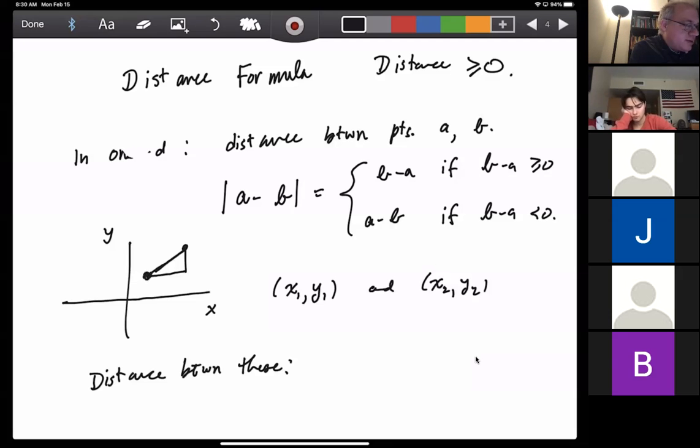And if we know that our coordinates are x1, y1, say here, and x2, y2 for this point on our triangle, we know that this bottom leg of the triangle has length absolute value of x1 minus x2. We know the vertical leg has length absolute value of y2 minus y1. So we can use the Pythagorean theorem to get the distance.